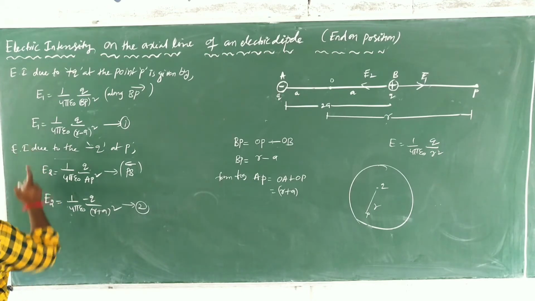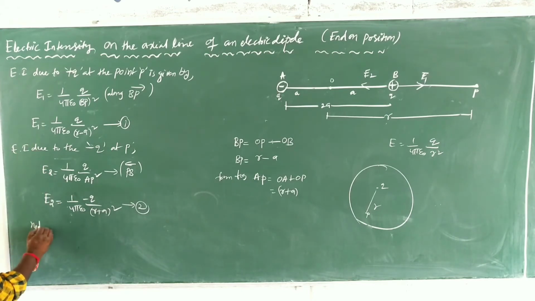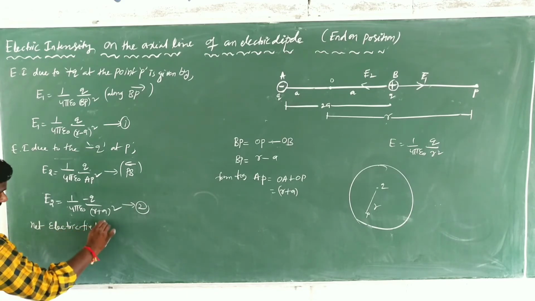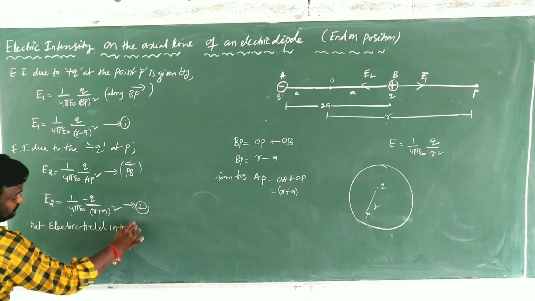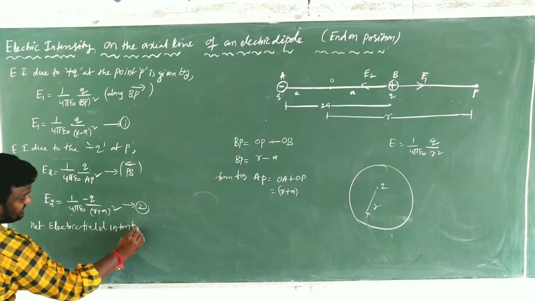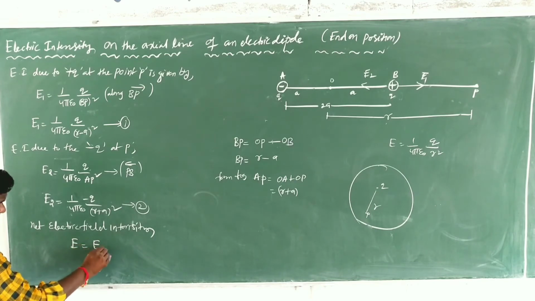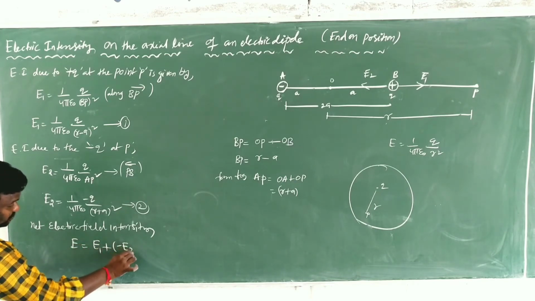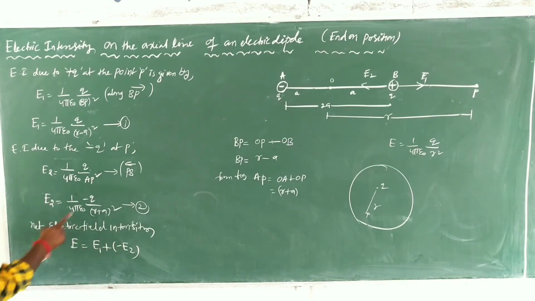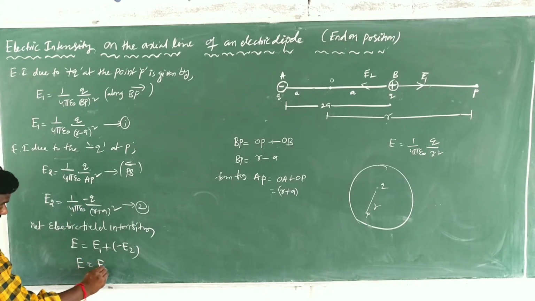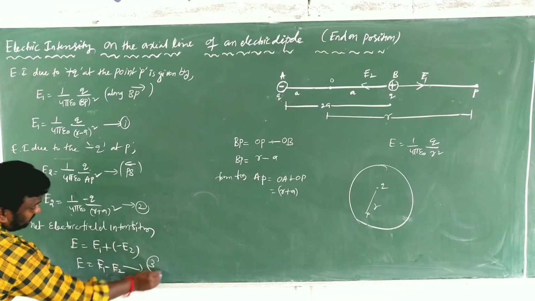So when we have two electric fields, net electric field intensity is nothing but E is equals to E1 plus or minus E2, because here minus Q is there. Therefore write E is equals to E1 minus E2. That is equation number 3.